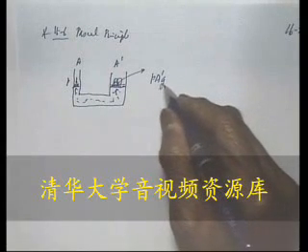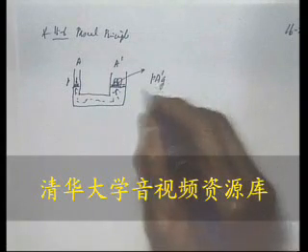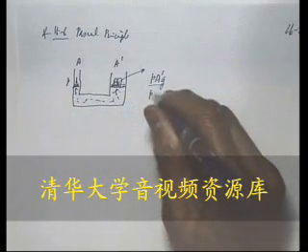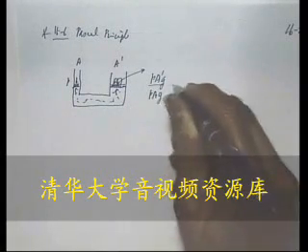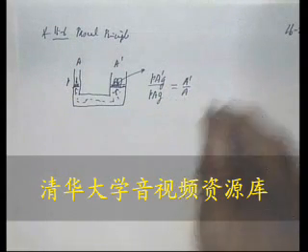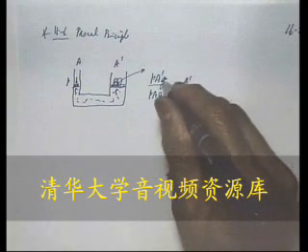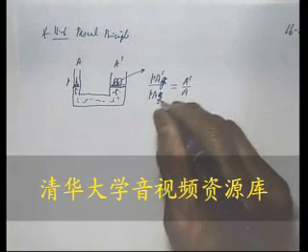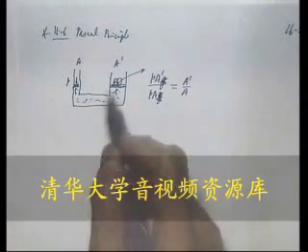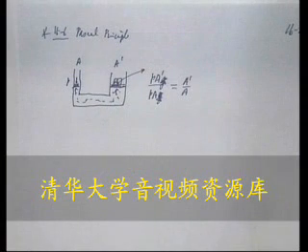If A prime is very large, the total force here is PA, and that ratio is equal to A prime over A. Because the two pressures are the same, the forces are proportional to the area.